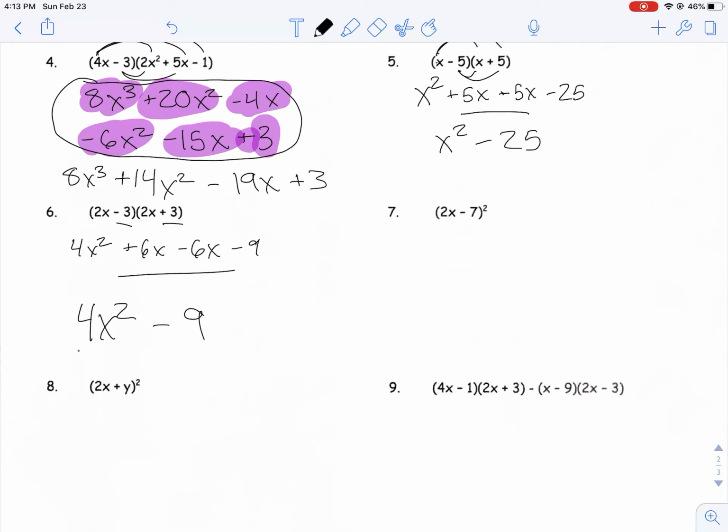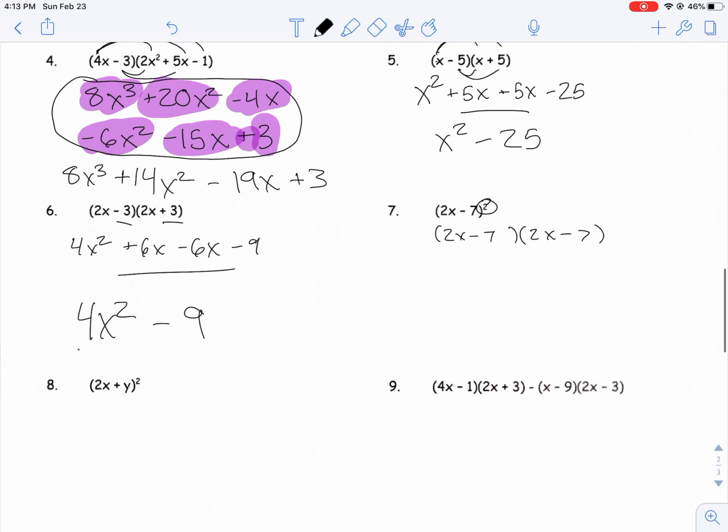This is how I would approach this situation here. I would just rewrite this as 2 separate sets of parentheses. So 2x minus 7 and a 2x minus 7. If they're being multiplied together, that's why we got that squared up at top. So this is how it would start.